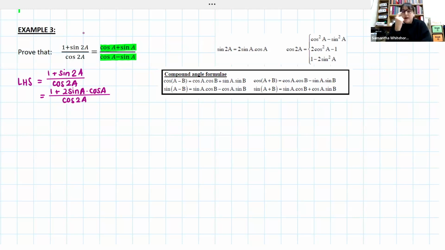Now remember, based on the preliminary assessment, I want to be able to factorize. In my numerator, I currently have 1 plus 2 sine a cos a, and I need to get a cos a plus sine a bracket. So I don't really want that 1 there. I essentially want a situation that's going to factorize to give me a bracket that is cos a plus sine a. Right now, that's not going to do that for me.